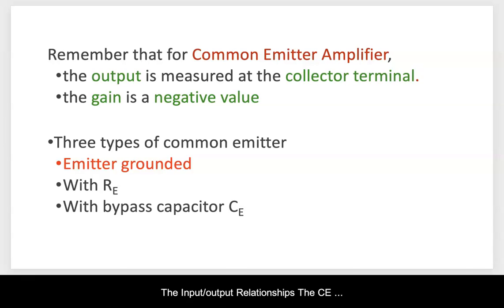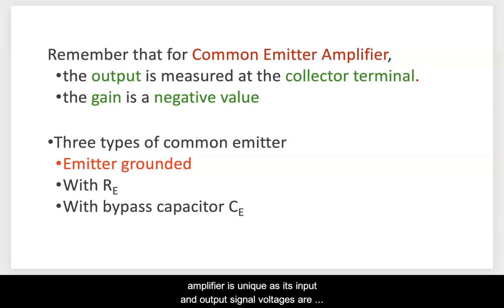Note that the input-output relationship of the common emitter amplifier is unique, as its input and output signal voltages are 180 degrees out of phase. To understand the phase relationship between input and output voltage waveforms, 2 points need to be considered.